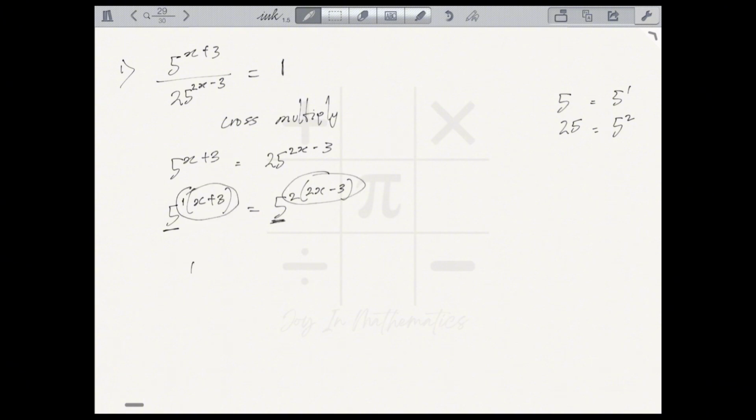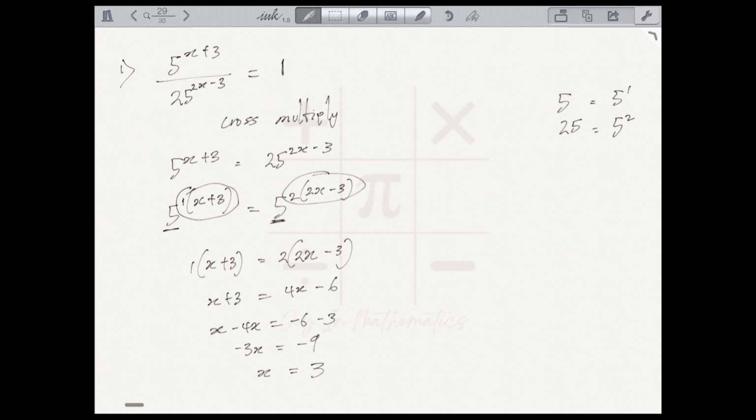So we have 1 times (x plus 3) is equal to 2 times (2x minus 3). So x plus 3 is equal to 4x minus 6. Making x the subject, x minus 4x is equal to minus 6 minus 3. So we have minus 3x is equal to minus 9, and x will therefore be equal to 3.